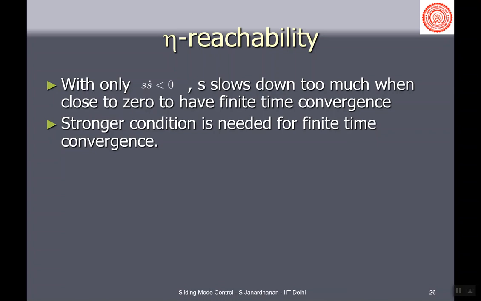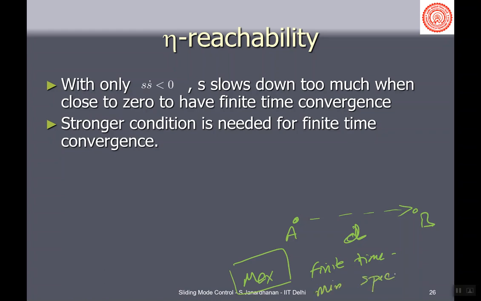Okay. So let's say I want to go from point A to point B in finite time, at a distance d. The sure shot way to do that is, if I have a maximum limit of time, then I need a minimum speed.